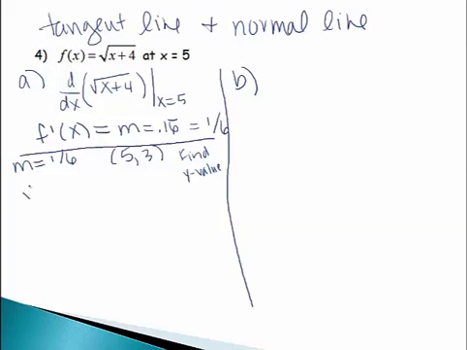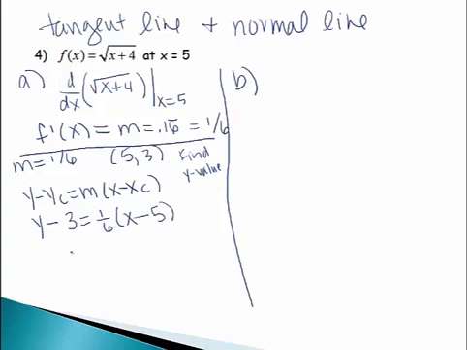I'm going to stick to my way that I like. If you like to do it the other way, feel free, and we should get the same answer. Y minus 3 is my y coordinate. My slope is 1/6. My x coordinate's 5. Distribute.